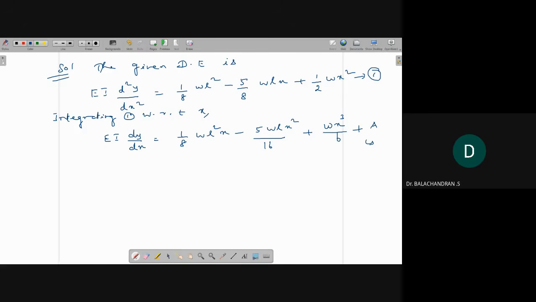I call this equation 2. So I need to find the constant a.